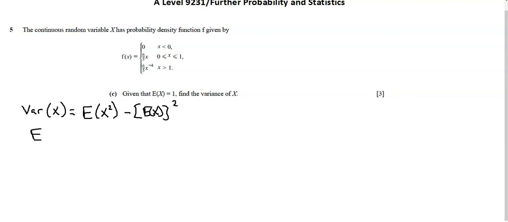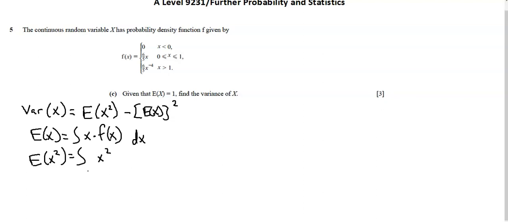Note first, expectation of x means we want the integral of x times the function that we're working with. So in this case, we're working with the expectation of x squared, which means the integral of x squared, and our limits are 0 to 1.